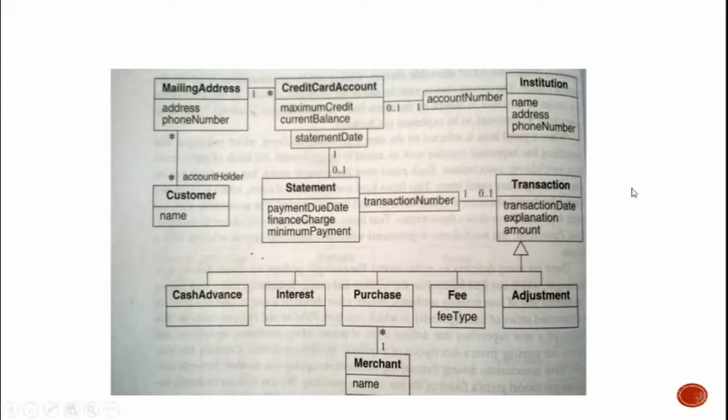Through this they can get all the transactions, because the transaction is inherited by the cash advance, interest, purchase, fee, adjustment, etc. So by this the institution can have the transactions of the last year.